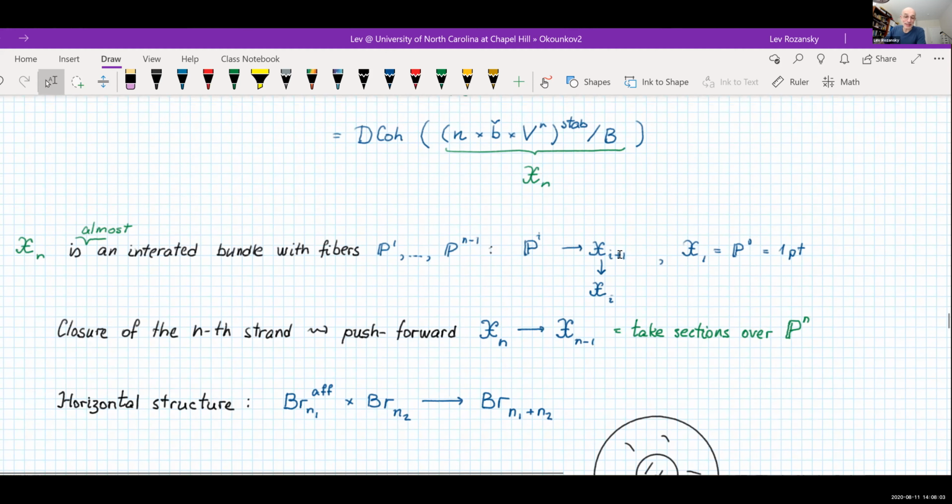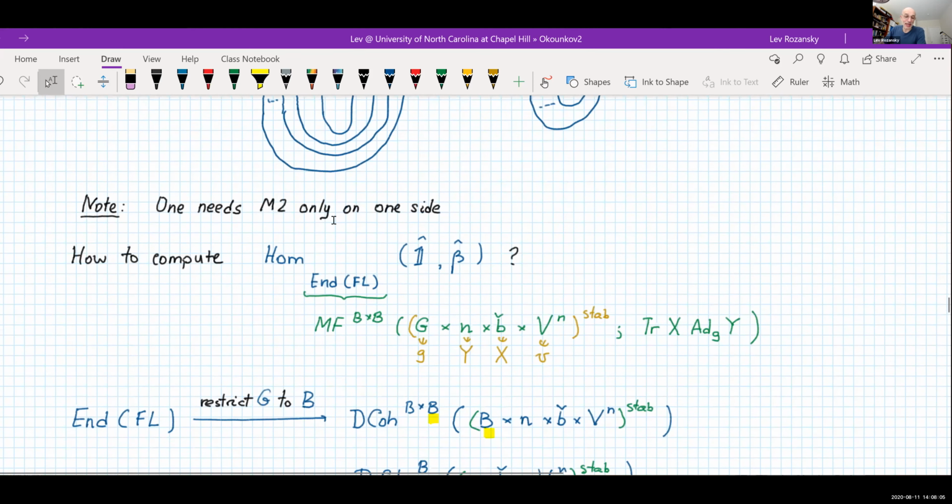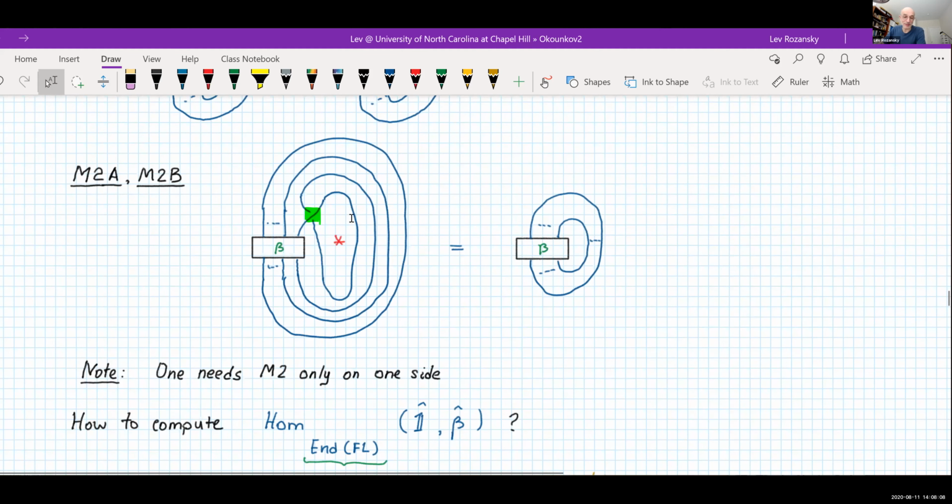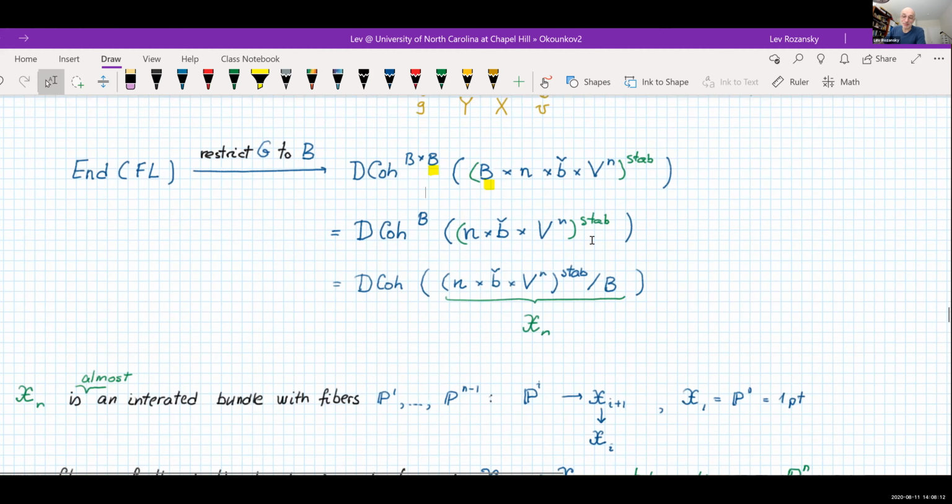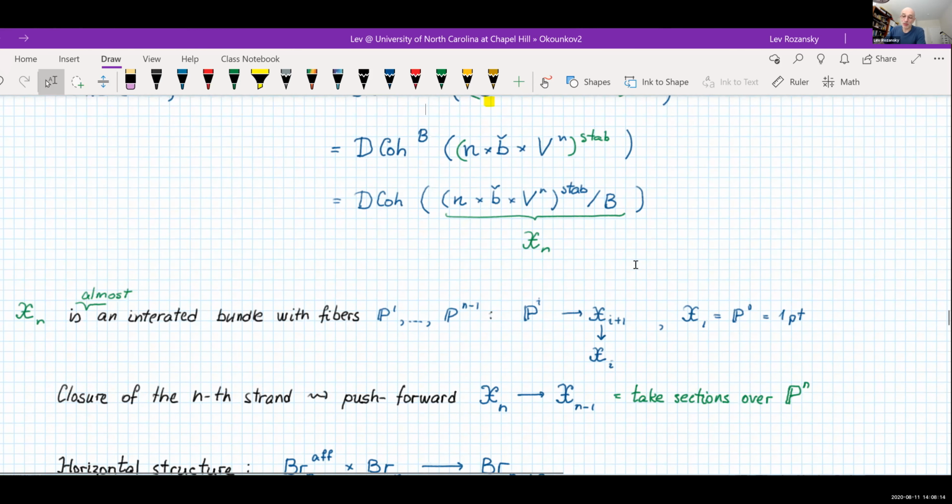The point is that closing the last strand, the nth strand, the side is important, can be done by simply pushing forward along the last fiber. So you have to take sections over the last Pn.